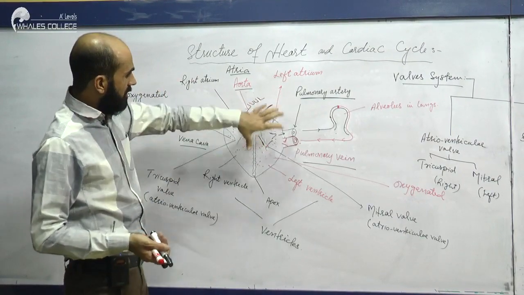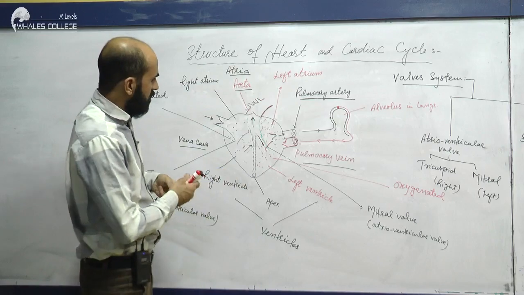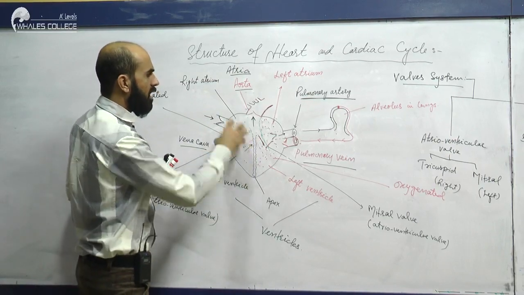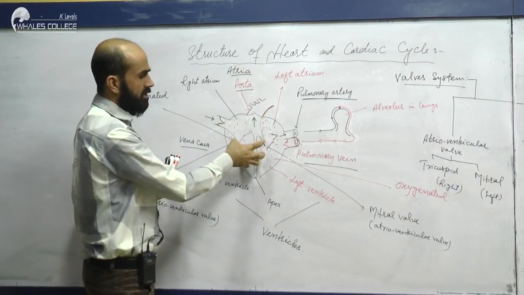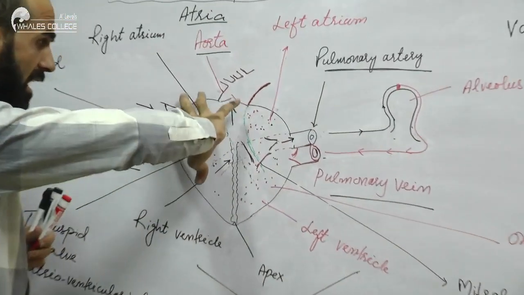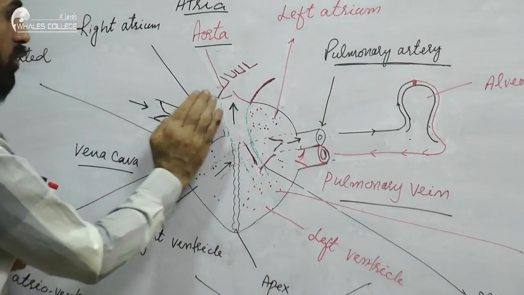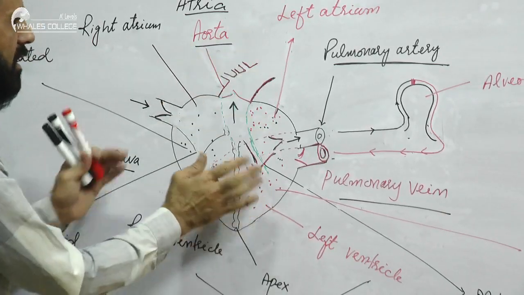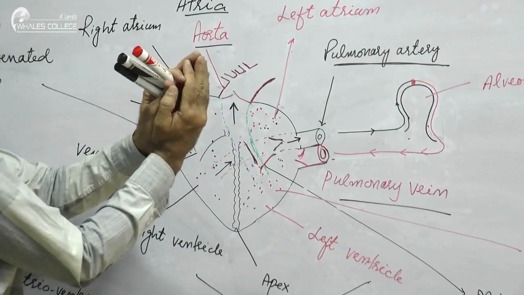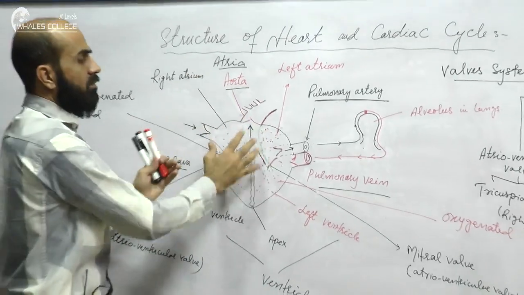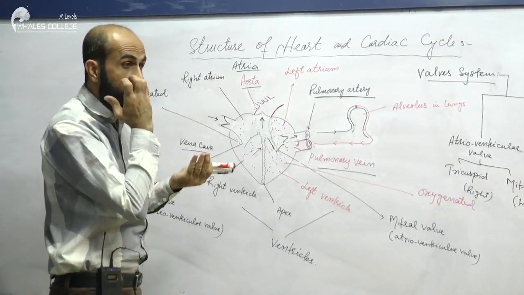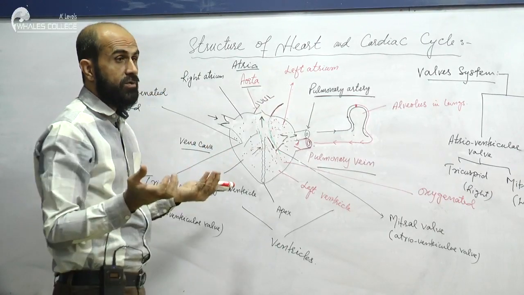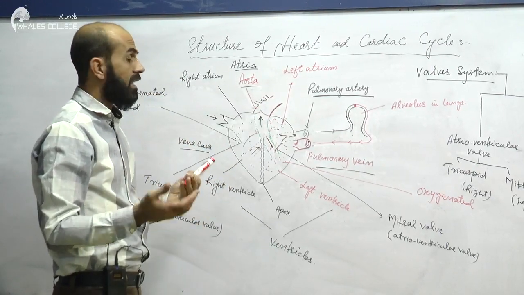But all these things which we have discussed are the internal view of the heart, because the heart is a closed system, and inside the heart we discussed all these chambers. But basically the heart is completely made up of muscles. The muscles of the heart must be supplied with blood to keep them active, because muscle also consists of tissues and cells, and they should be alive.